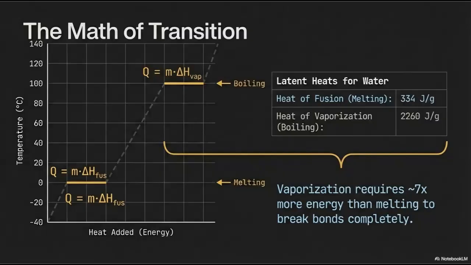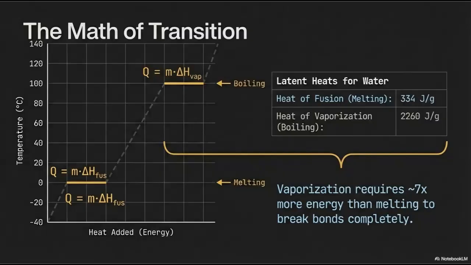Because of that, we need heat of fusion and heat of vaporization. That is the energy required to melt a solid or the energy required to evaporate a liquid. There are known values. I will give you those as well.